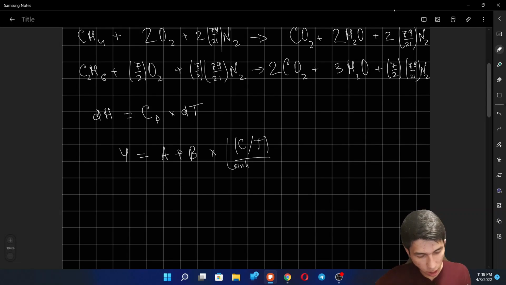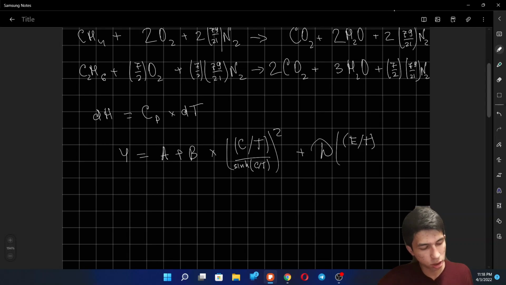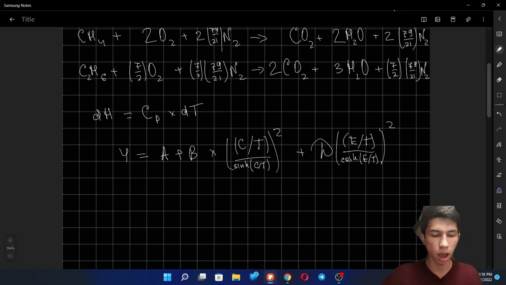So this is going to be our equation to calculate the specific heat constant.